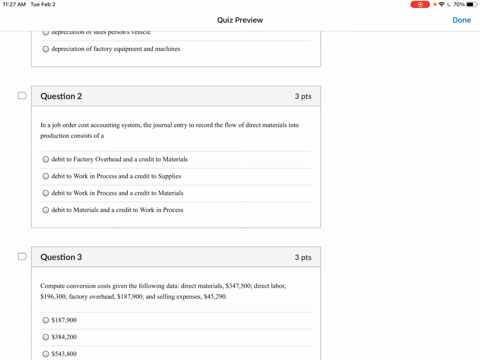So if we're taking it out of materials, that would be a credit to materials, right? If you know that right off the bat, then you automatically eliminate A and C. Then B and D say a debit to work in process and a credit to materials, or a debit to factory overhead and a credit to materials. Easy enough without saying the answer.